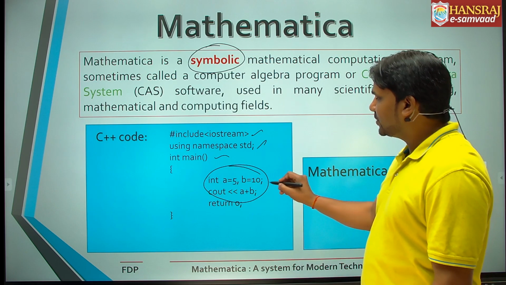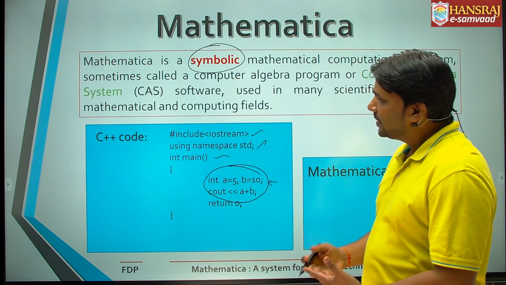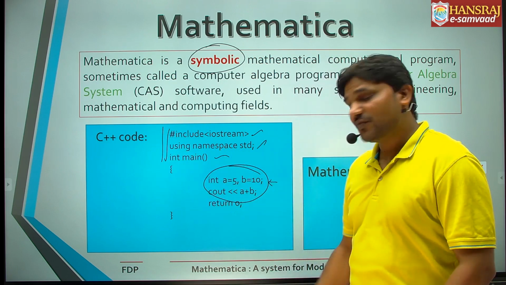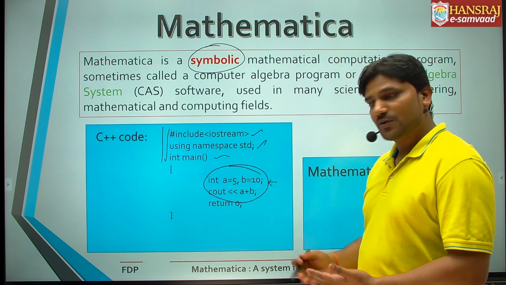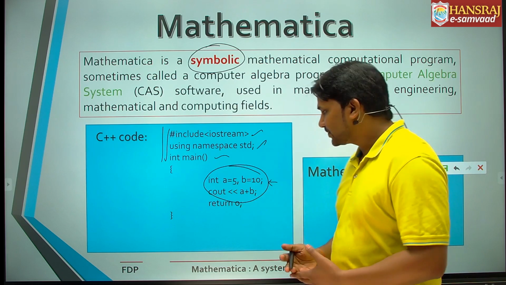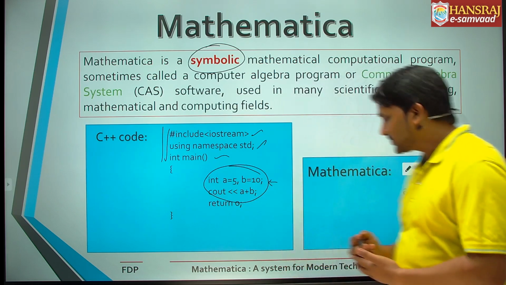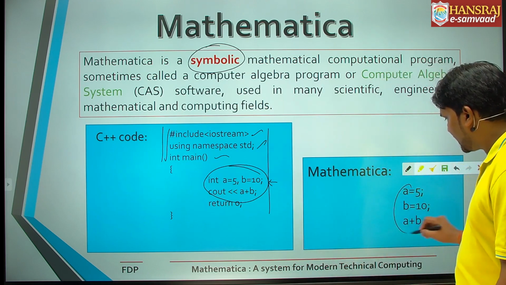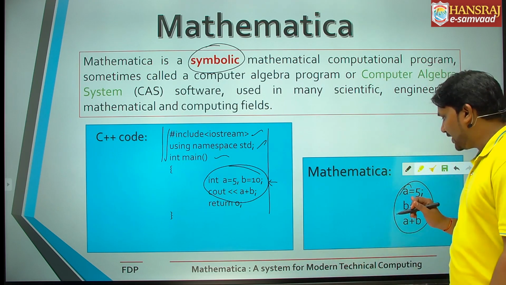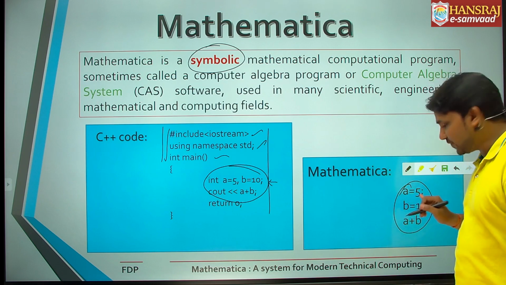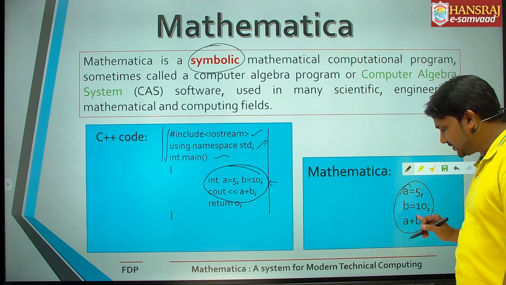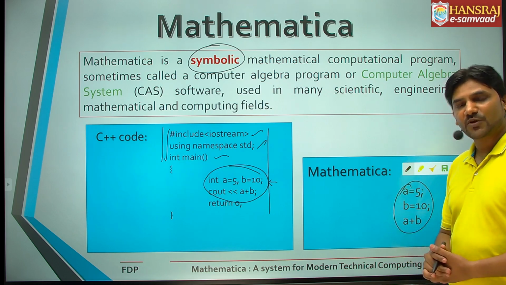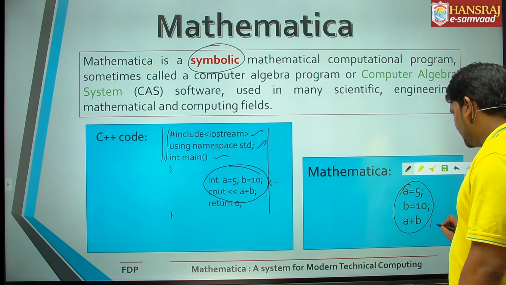But to do this work, you have to write all the necessary code which will work together to create an output for you. But in Mathematica, there is no need to do such work, and you can directly assign the variable value for a, that is a is equal to 5, for b, that is b is equal to 10, and the total value a plus b will be your output as 15.